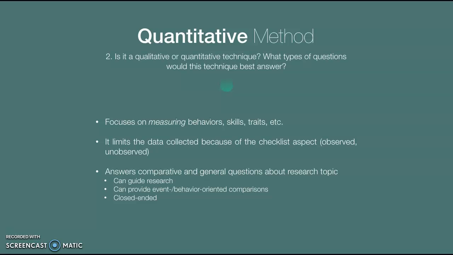They can also provide event or behavior-oriented comparisons. So tying back into the types of things that you are trying to observe or see if they happen or don't happen. But again, this all just leads back to the fact that it is very closed-ended. So it's not an open-ended question strategy.